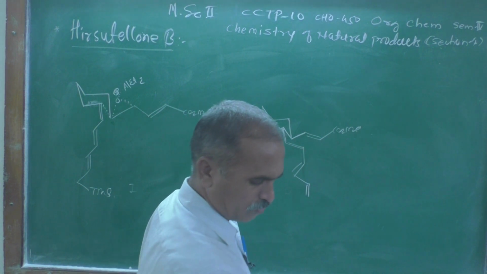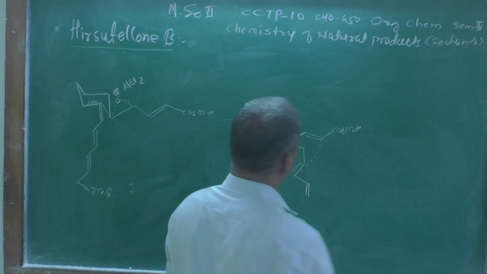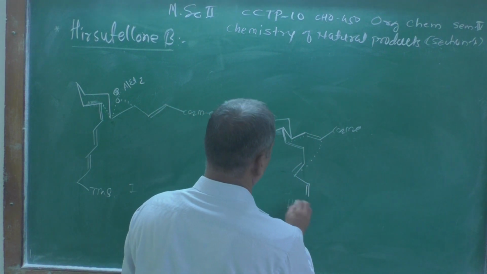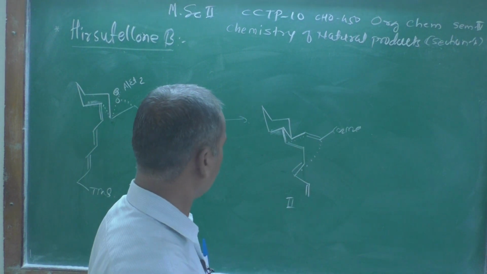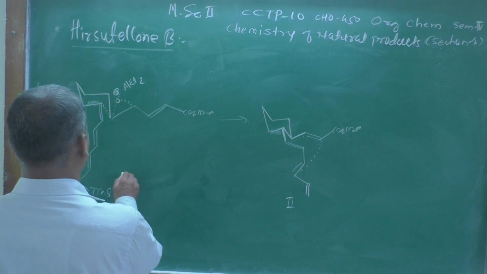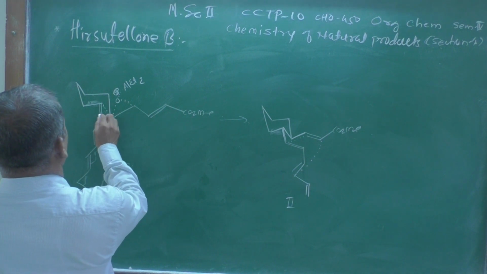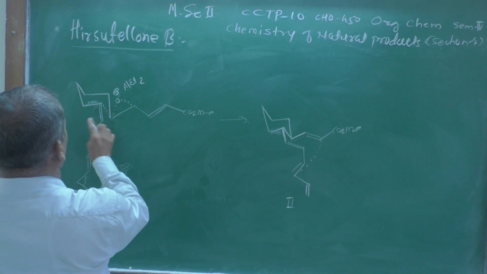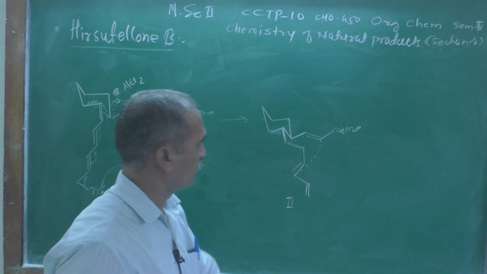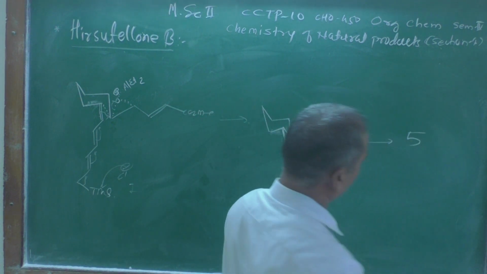Now here a 4 plus 2 cycloaddition reaction occurs between the diene and the dienophile, and this structure we can say is structure number 2, where chlorine is attacking over there, and this is going to attack over here, and this opens, so that we will get this type of structure, and now this is going to give structure number 5.